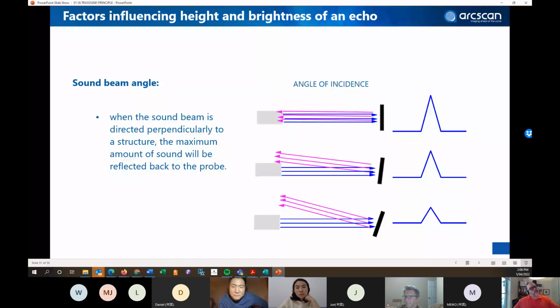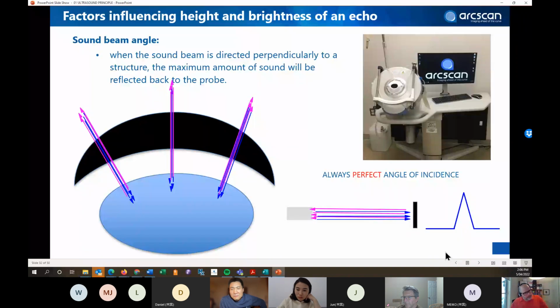When you do ultrasound, imagine that this is a probe. The probe might be hitting the area of evaluation at different angles, and when you hit at different angles, you will have different outcomes. Our device is robotically controlled. The reason it's called ArcScan is because we scan in an arc.